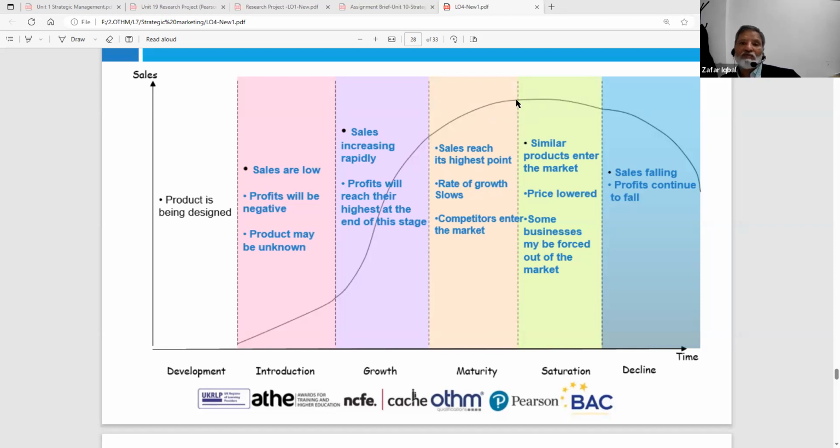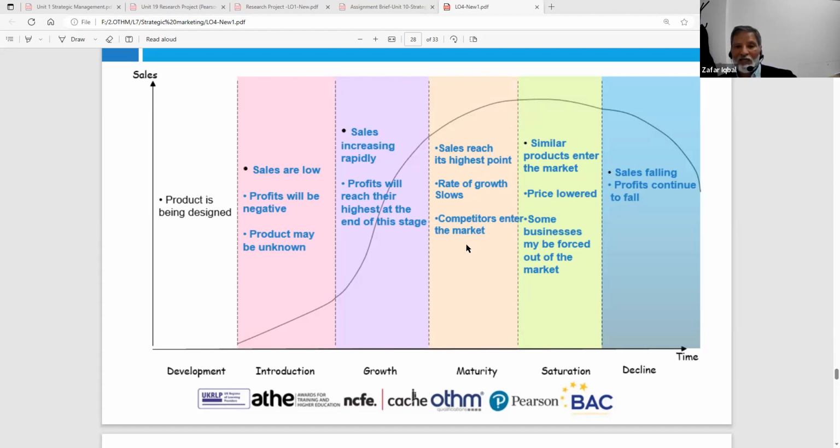After staying at the same or a similar level to the previous sales, it starts to decline slightly, because competitors are entering the market. They know about your product. They are trying to produce their product and compete with your products. Therefore, your sales are going to go slightly down. So it's affecting your revenue, and that is the maturity of the product.